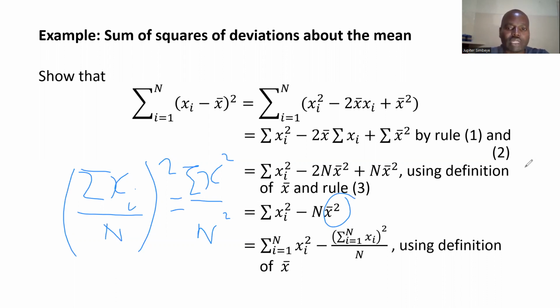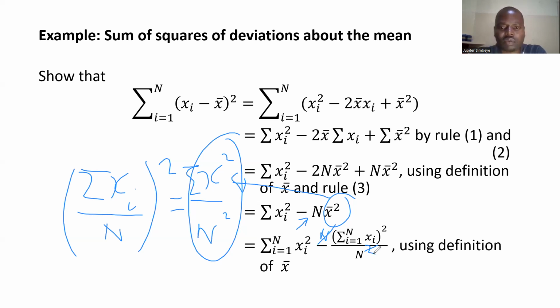But remember that we already have this n here multiplying x bar squared. So x bar squared gives us the square of the summation of x over n squared. With the n multiplying it, this n squared cancels, so we only have one n down there.